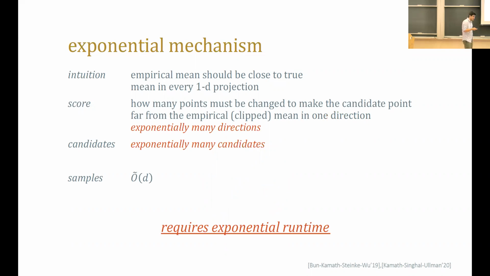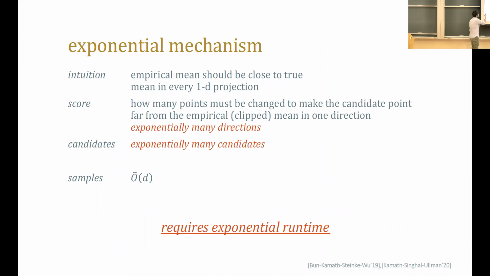Also, suppose you know the score function for every point. If you want to run the exponential mechanism over the ball of, say, radius root d, you are going to have exponentially many candidates, because the cover over the ball in d dimensions is going to be exponentially large in d.